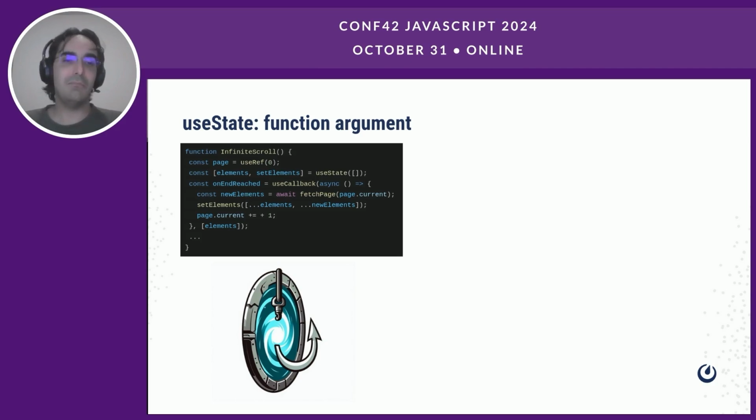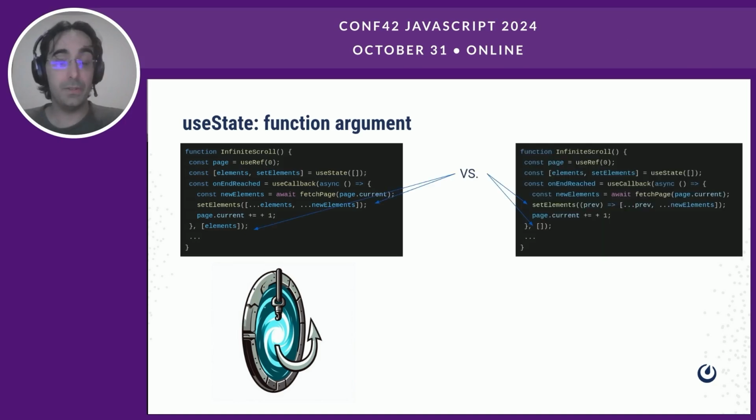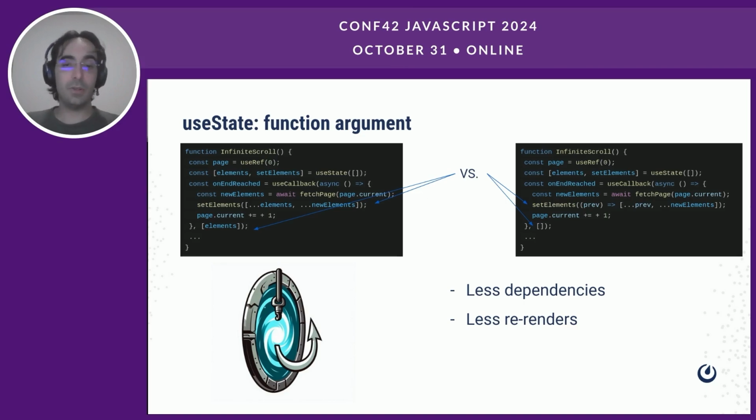So that may do undesired things down the line. So what can we do? Use a function argument. Here we can get the previous value and just use that. That way we suddenly don't have any dependencies there. This gives us fewer dependencies and fewer re-renders.